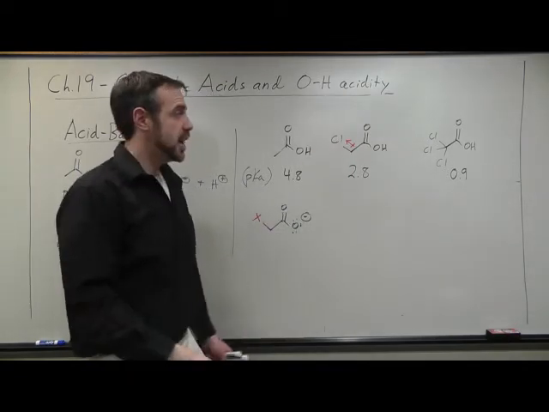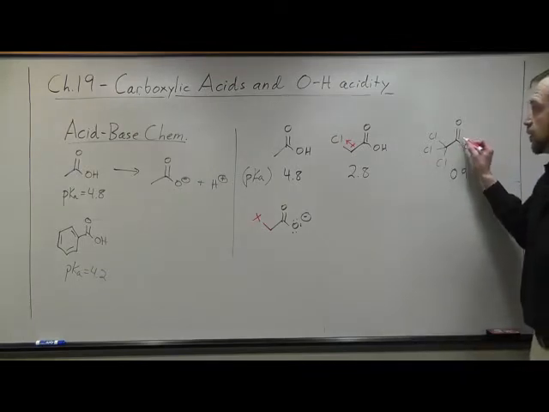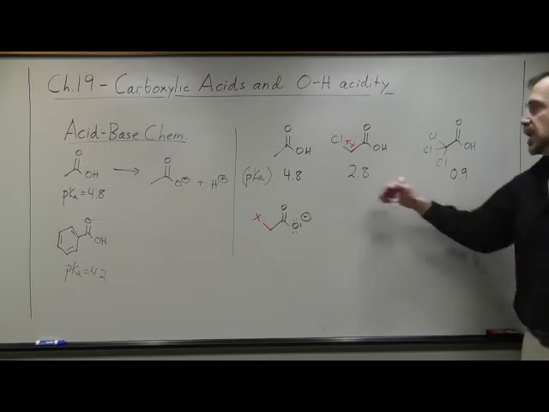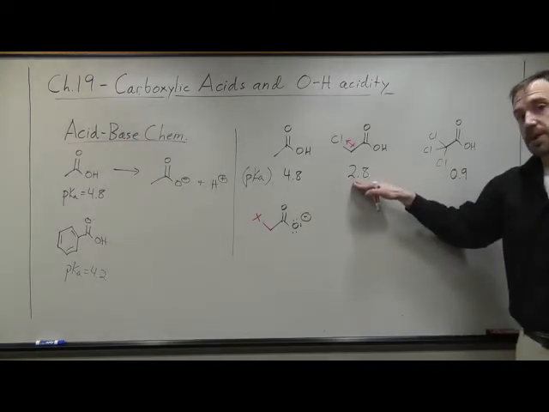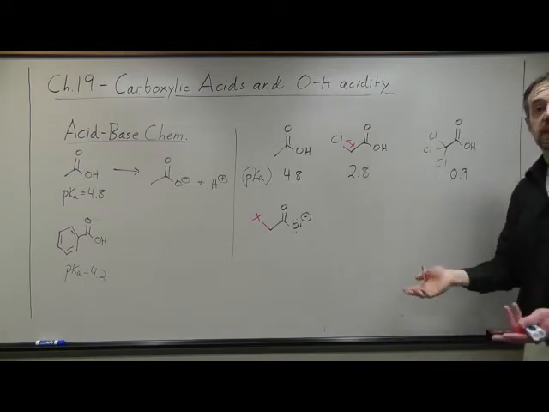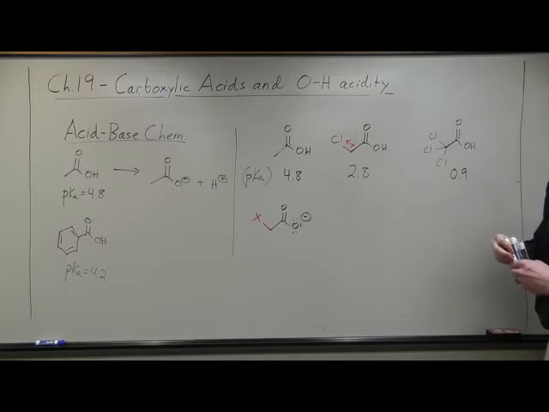The more chlorines you have, the stronger that induced dipole is going to be drawing electron density this way. And so that explains why we get a significant effect with one chlorine, but then each chlorine you add here is another significant effect. So much so that it drops below 1 for trichloroacetic acid.